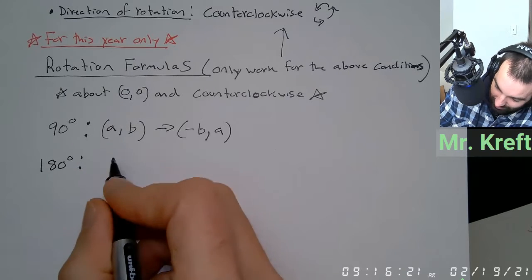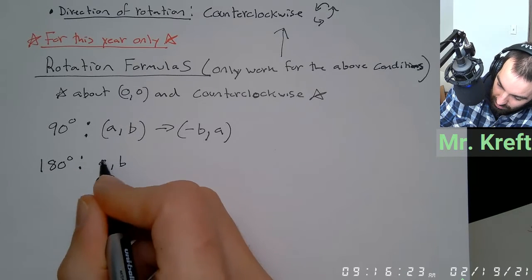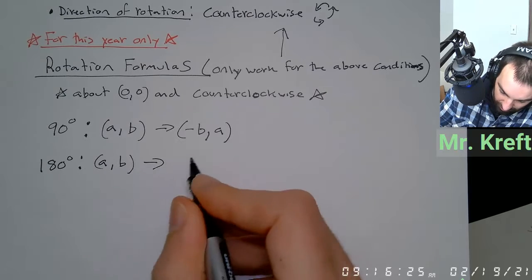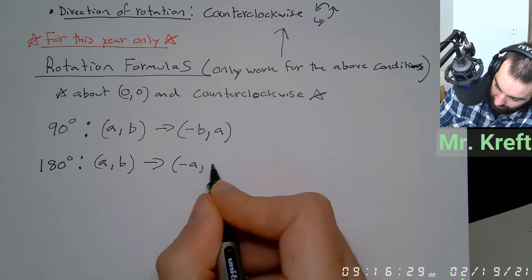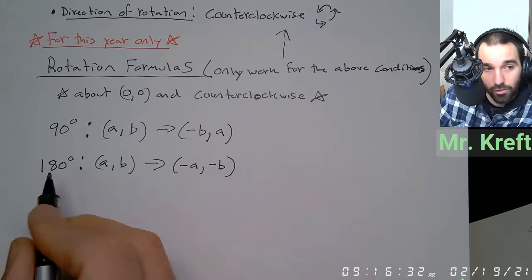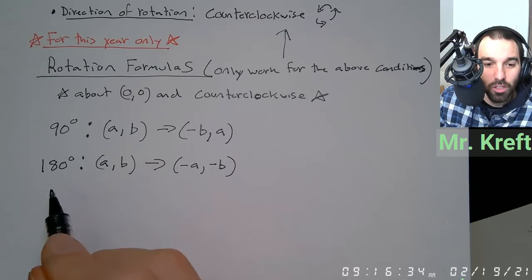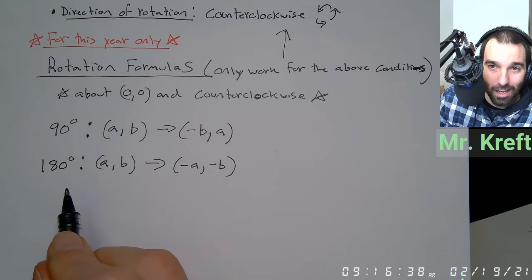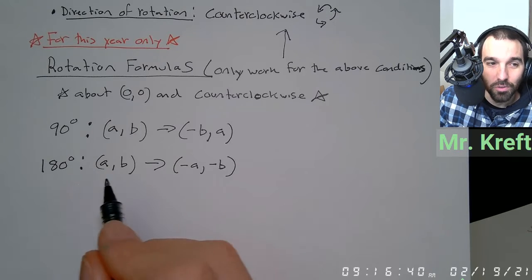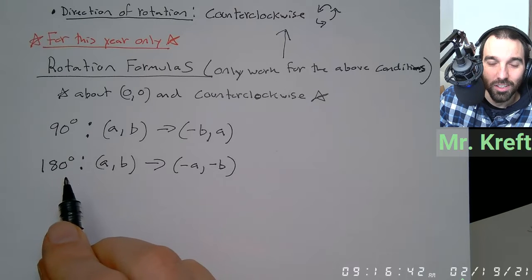So 180 is (A, B), such that we're going to have (negative A, negative B). Now this one actually makes a little sense. If you're walking down the hallway and you turn 180, aren't you going the opposite direction?